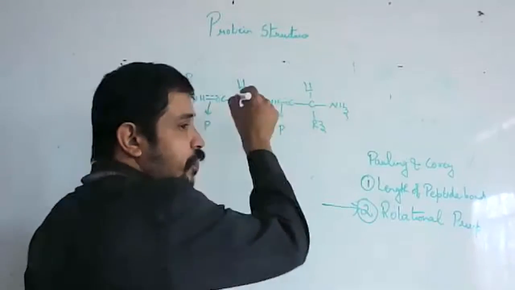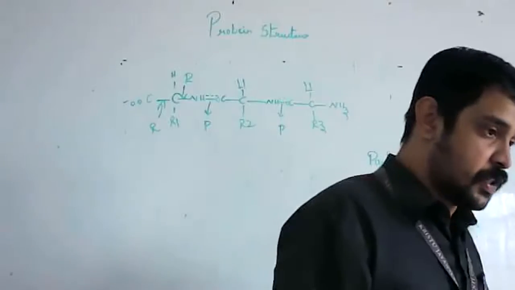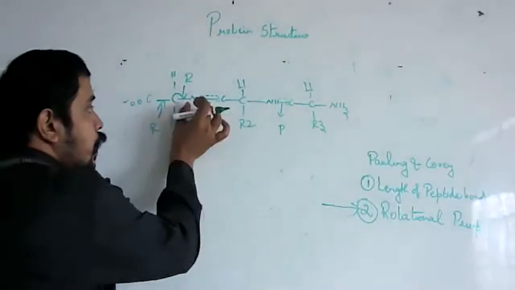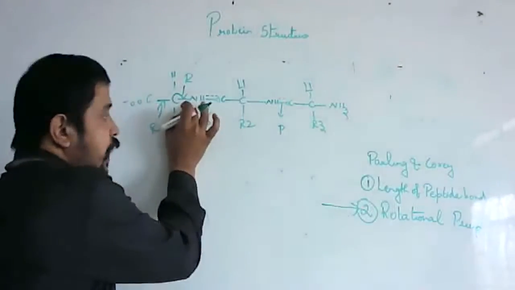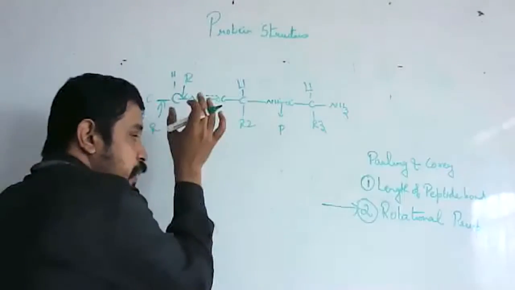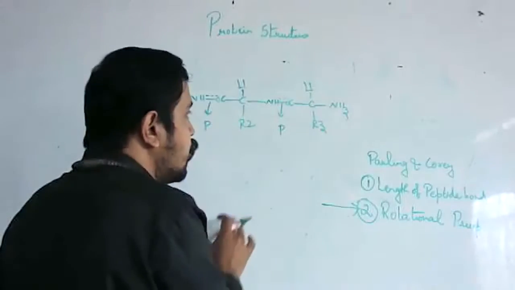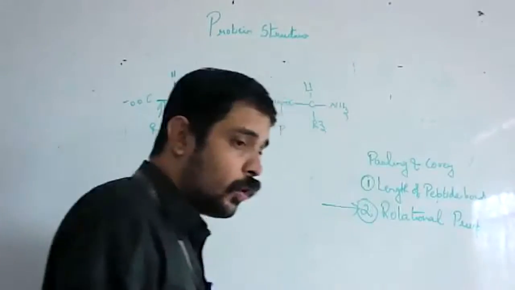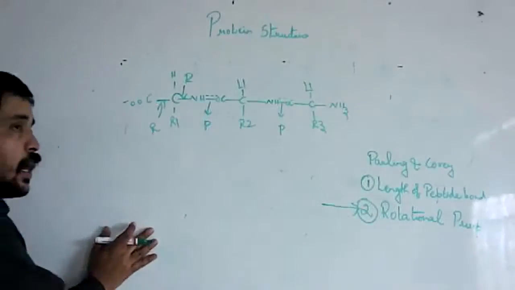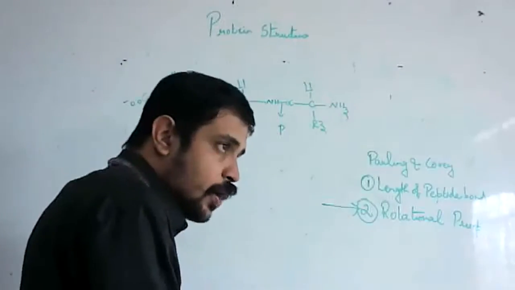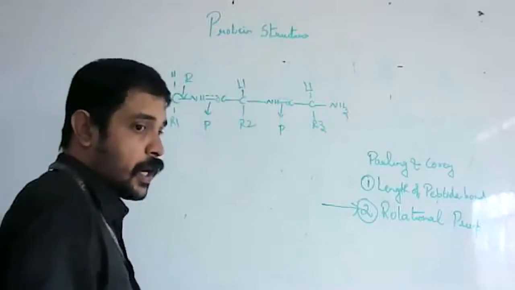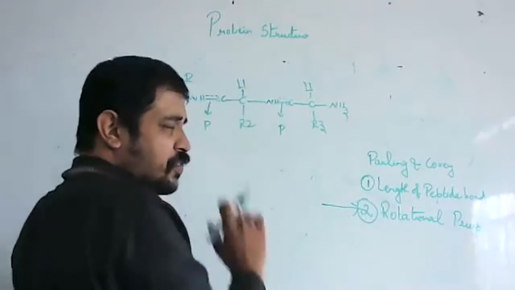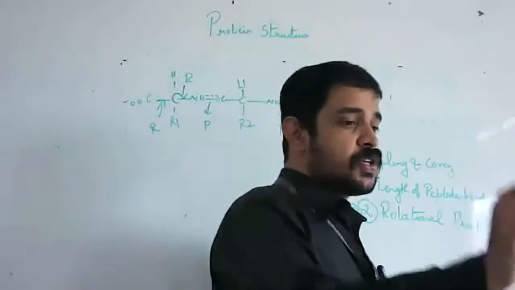the lone pair of electrons of nitrogen. So I repeat, due to the lone pair of electrons of nitrogen, it forms a partial double bond in the peptide bond. And because of the partial double bond of the peptide bond, the peptide bond is not able to rotate.